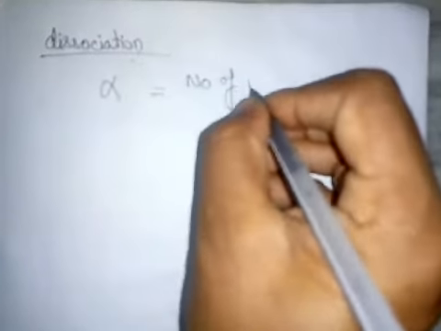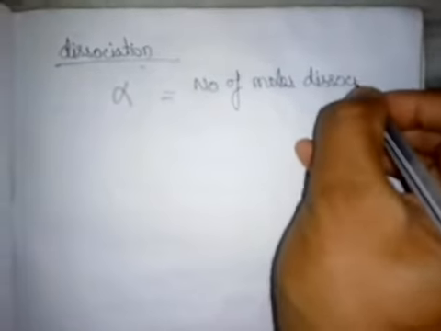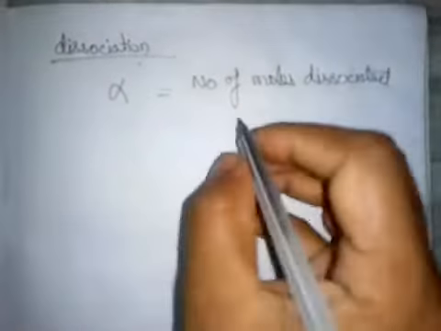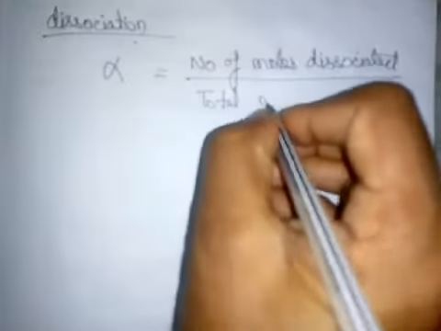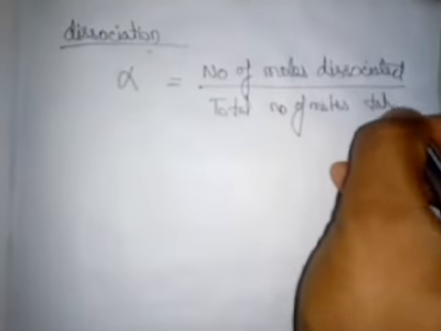Now, degree of dissociation alpha is equal to number of moles dissociated whole divided by total number of moles taken.